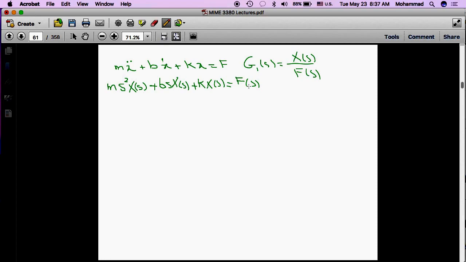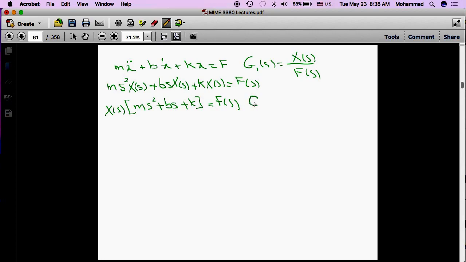So the ratio is x of s over f of s. To make it easier to write, it makes sense to factor x of s out from the left side of the equation. So let's factor x of s out. So x of s multiplied by m s squared plus b times s plus k equals f of s. And we are now ready to form the ratio.